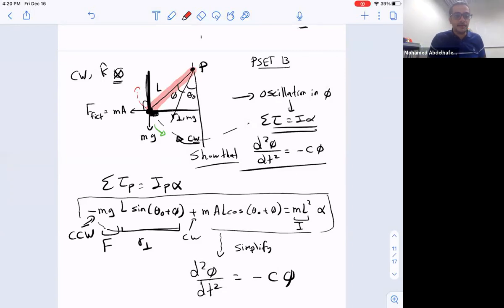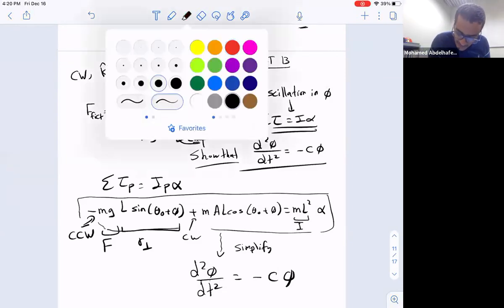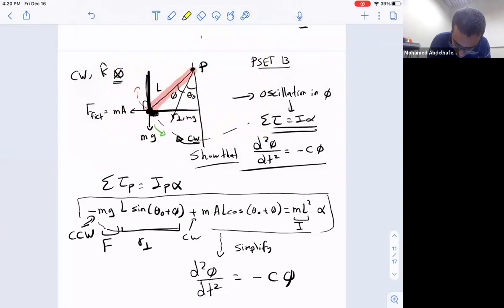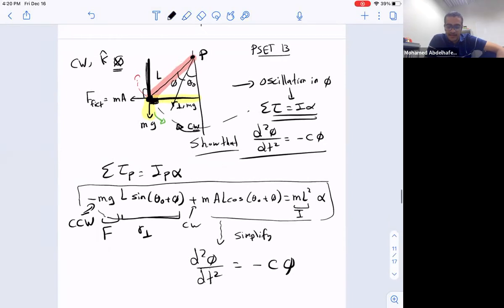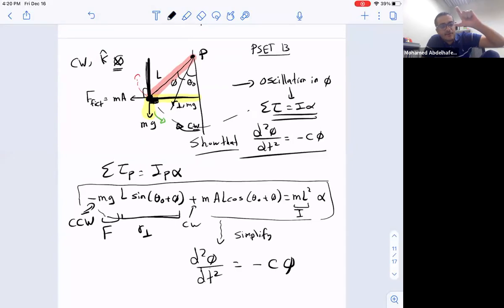What's perpendicular to mg here? This. That's the perpendicular distance to the pivot, and this length is just L sine from the triangle here, because L is the hypotenuse. For the other force, the perpendicular distance is the vertical one, which is the cosine.